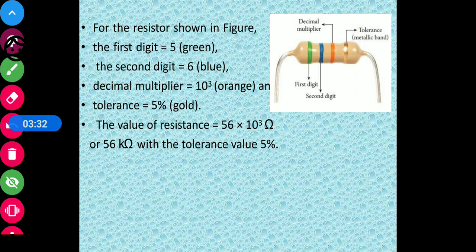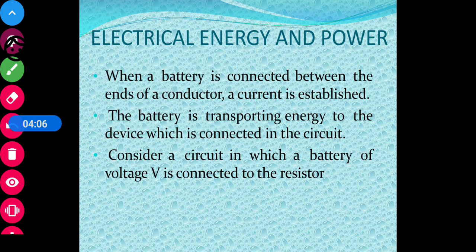So the resistance is the first two digits, 56, times 10 raised to power 3 ohm, or you can say 56 kilo ohm with a tolerance of 5%. So in this way, by remembering a simple way of giving different numbers to different colors, or by using the formula, you can very easily find the resistance of the resistor.